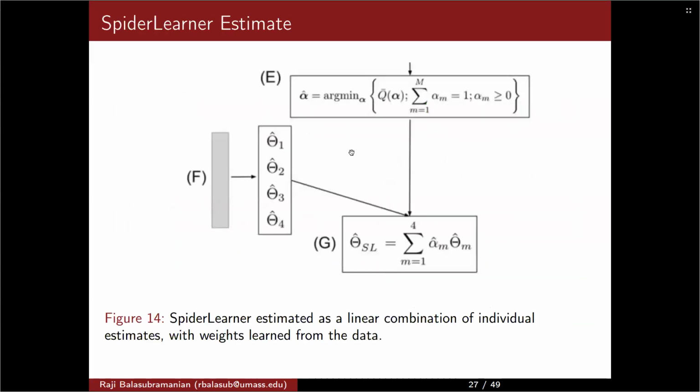So for a given data set, our SpiderLearner algorithm is: we go back to the full data set, so now we have the full gray vertical bar. We re-estimate the 4 different thetas from the 4 different methods in the library, and then weight them by the weights that we just learned through the cross-validation process. That is our final ensemble estimator, the SpiderLearner.